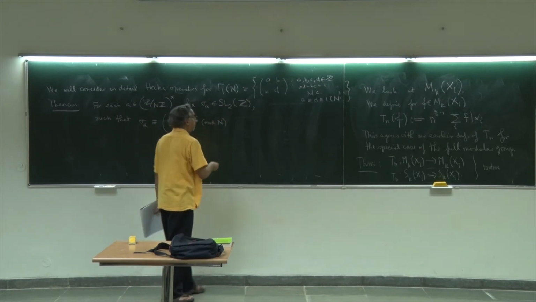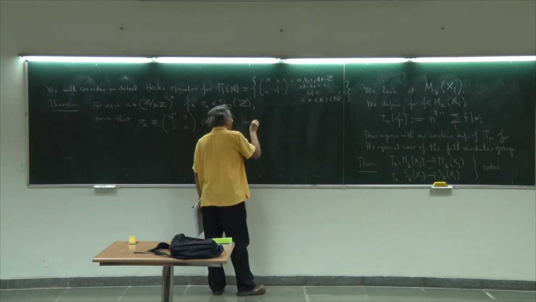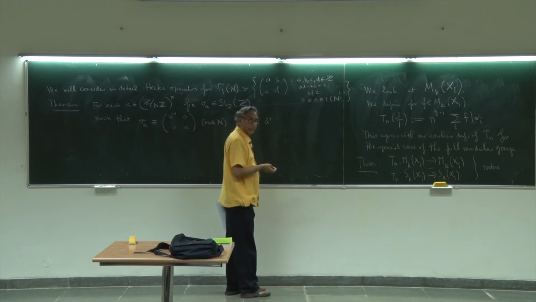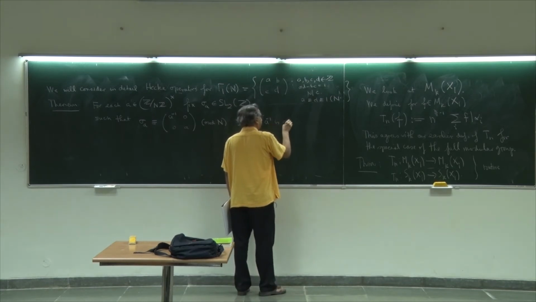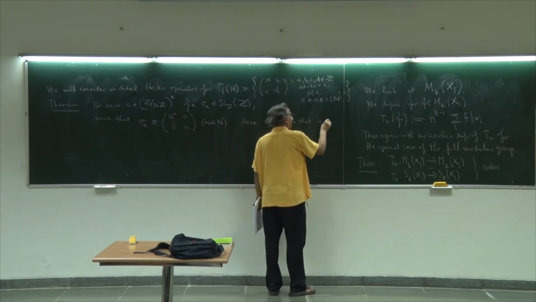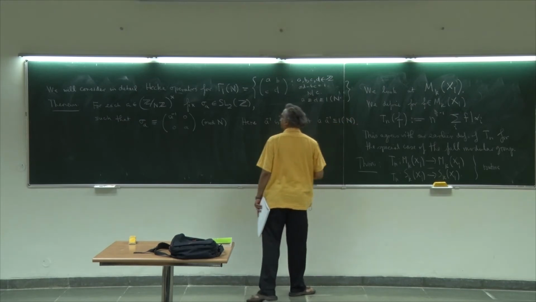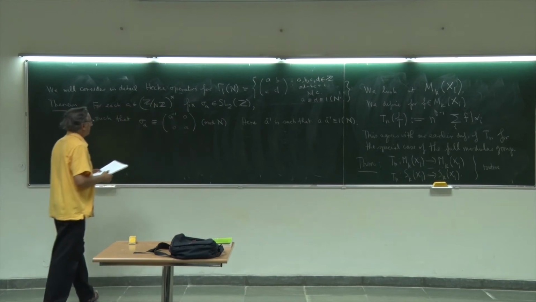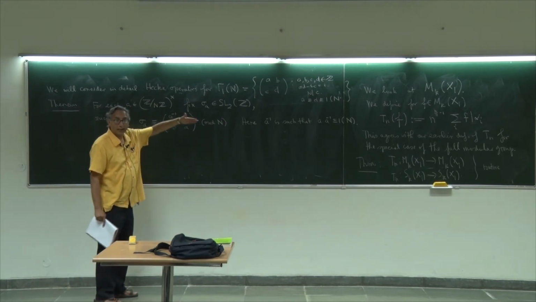Here, A inverse is not 1 over A, okay? Here, A inverse is an element modulo n such that A times A inverse is 1 mod n. So choose an element sigma A in SL2Z with this property. The fact that you can do this is an old exercise.